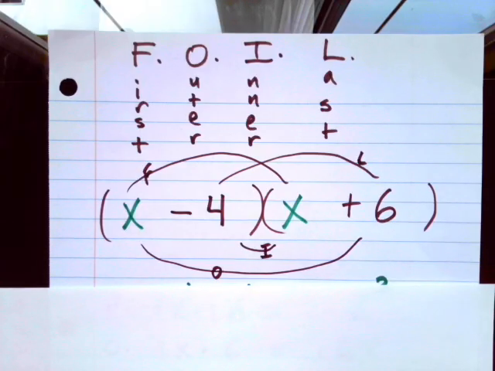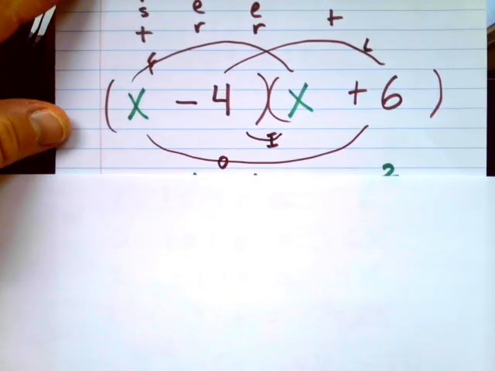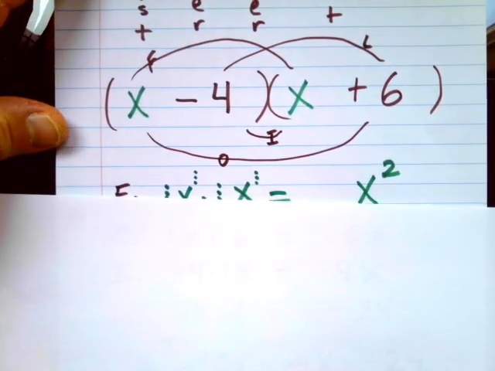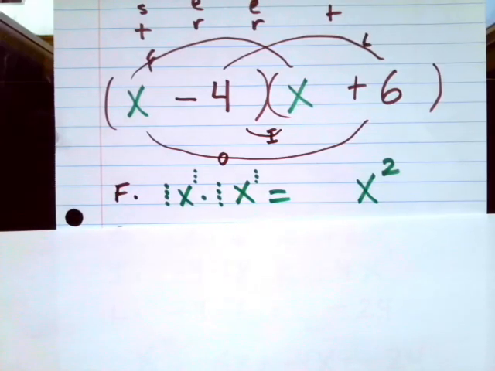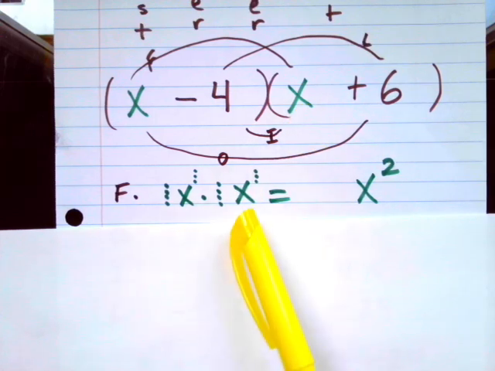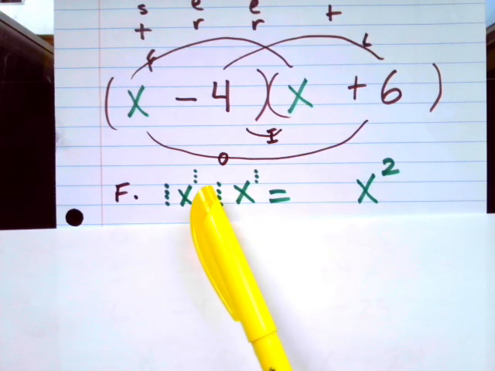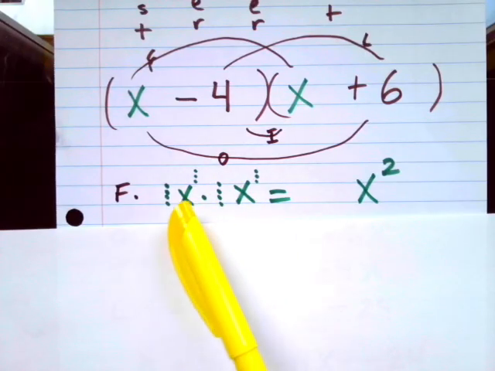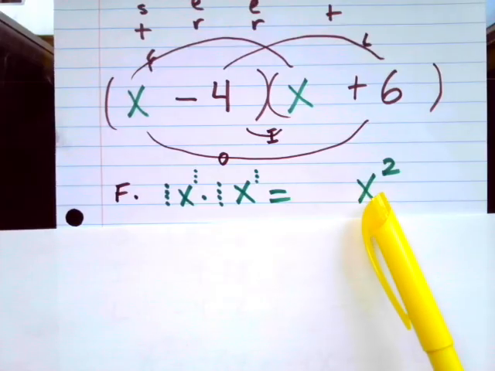So what you're going to do is go one at a time. I'd like to continue on and show you the process. Here's the FOIL. First term times the first term, x times x. I'm showing you the invisible ones here in both the exponents place and the coefficients place. 1 times 1 is that 1x.